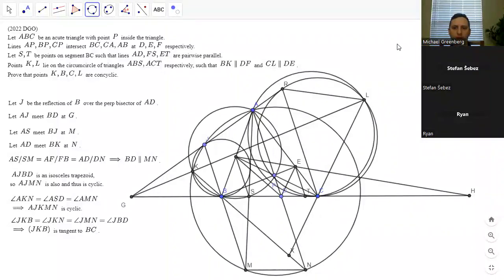Okay, so it's like K and L, we want to show are kind of like anti-homothetic. Or, I don't know, I think there's a word for it. What do they call it? Anti-homologous or something?